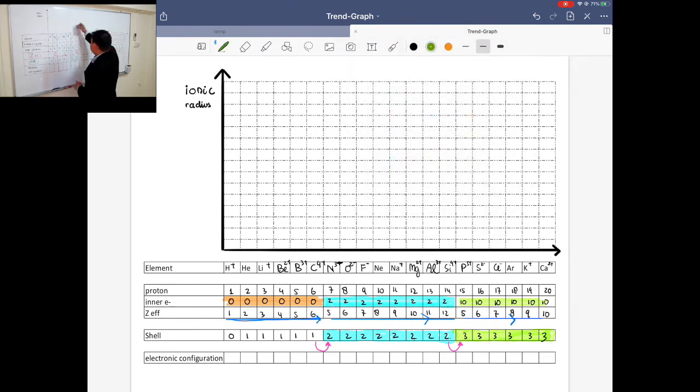So very simple. We draw a significant increase here from carbon 4 plus to nitrogen 3 minus, and we apply the same method from silicon 4 plus to phosphorus 3 minus.